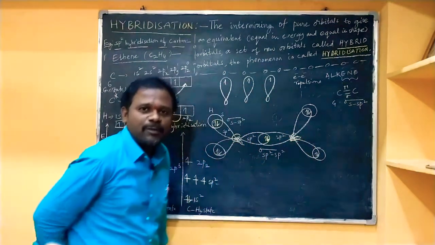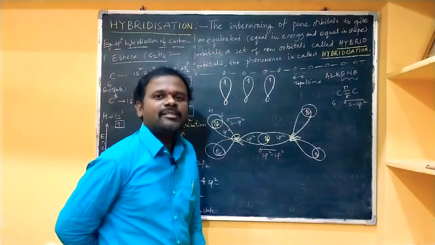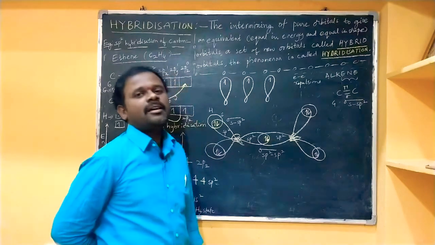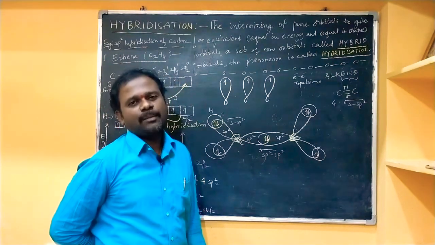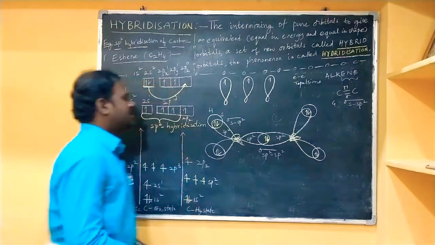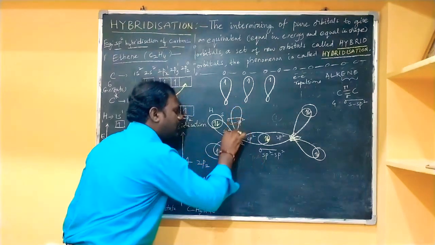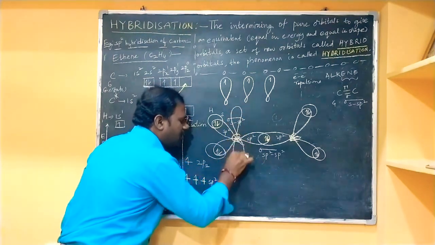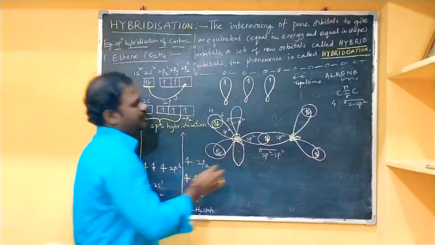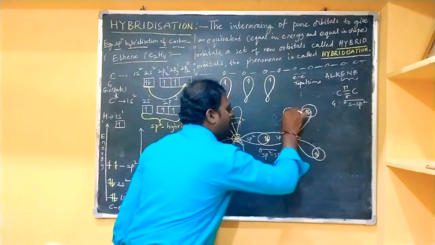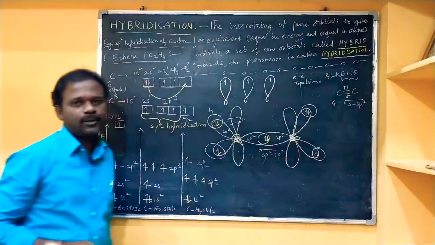The pi bond forms by the side to side overlapping of the unhybridized or pure p orbitals. How are they represented? They are perpendicular to the plane of the trigonal orbitals, perpendicular to the molecule.